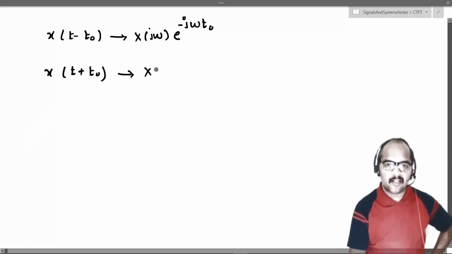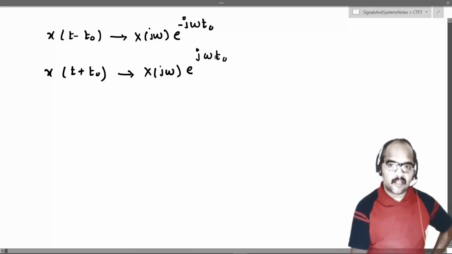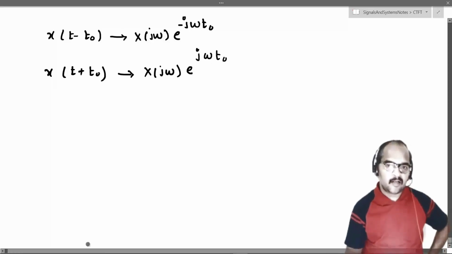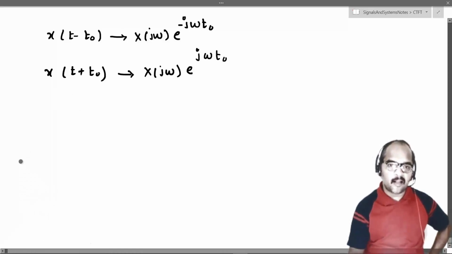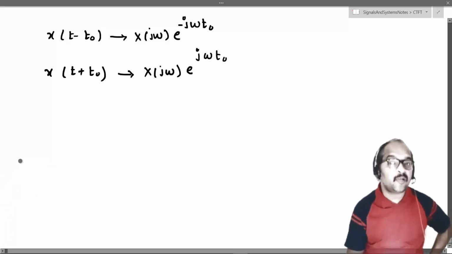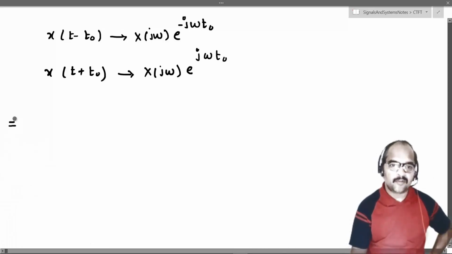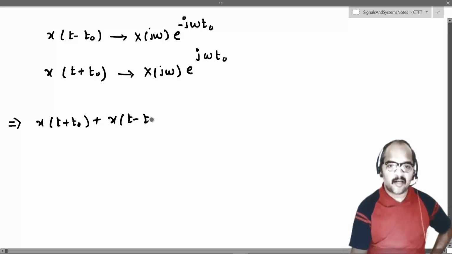You can easily see that this is X of j omega multiplied with e power plus j omega t naught. Now if you add these two signals, which property do we have to use? Linearity.